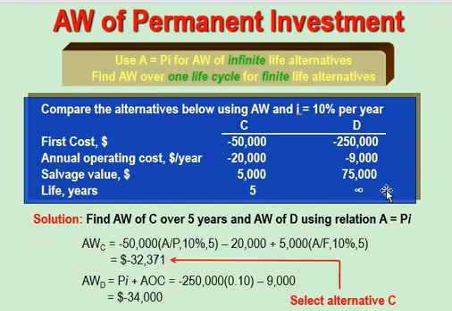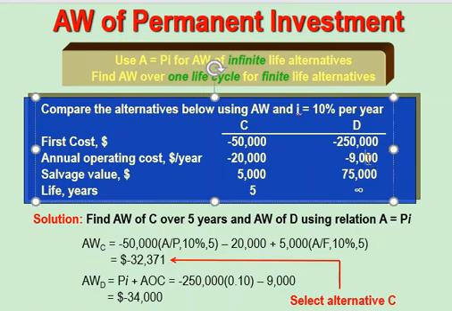They said, get me the present worth because it is infinite. Don't do this. Because it's infinite and unknown, you cannot go to the table and get it. It's infinity, so just use P times I. How much is P? Negative 250 multiplied by I, which is 10%.